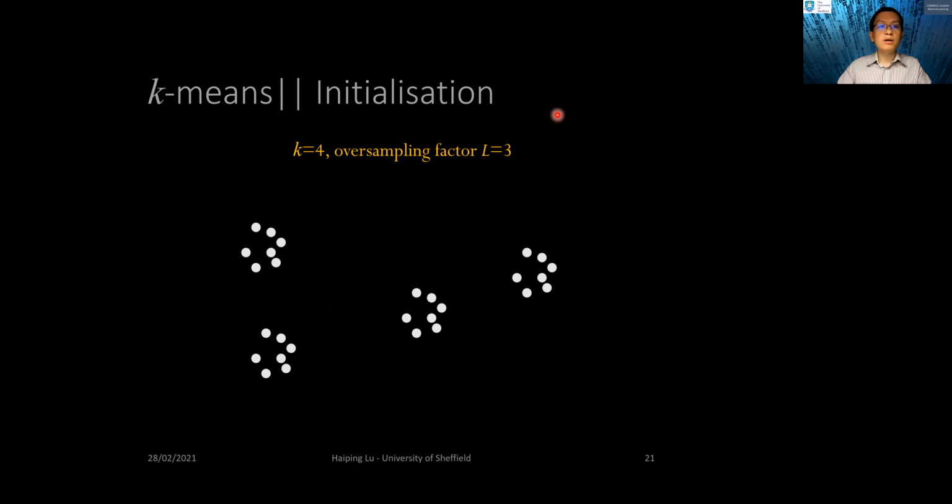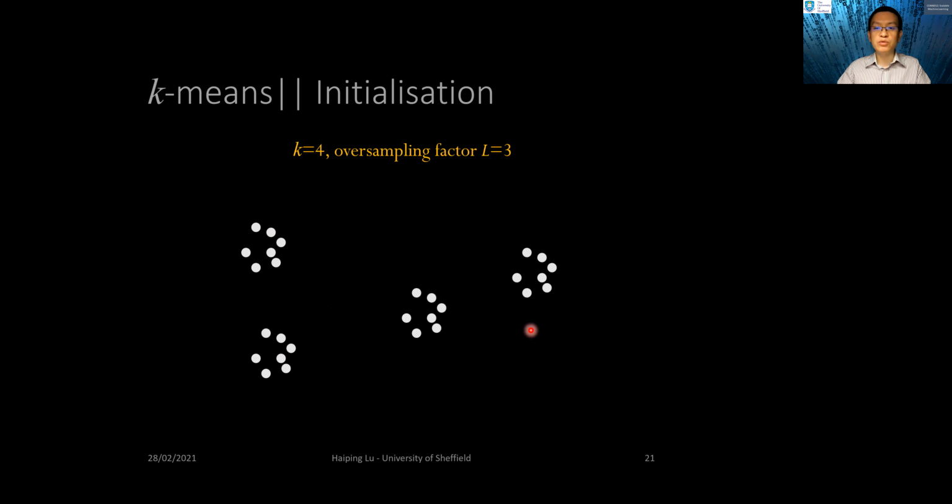So let's take a look at how k-means parallel works. Suppose we have the same set of data points and we want 4 clusters. And suppose we specify an oversampling factor L equal to 3. This is to say that we will sample 3 points at a time.